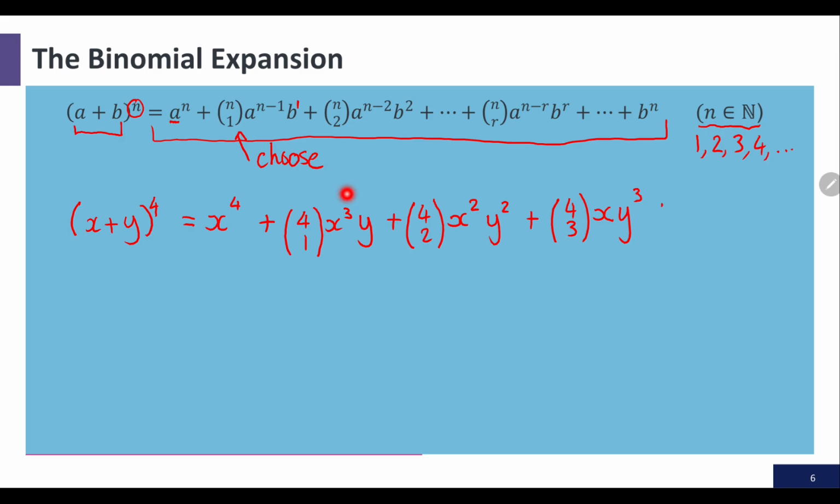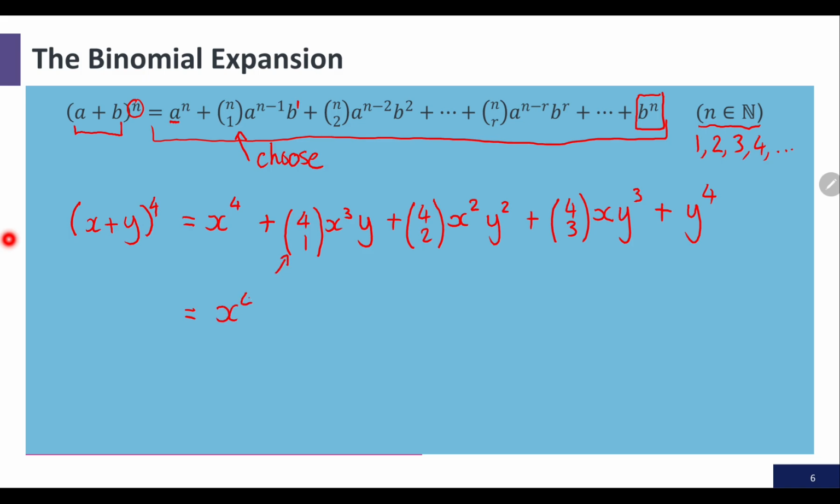And in the last term, you might be thinking, well, it's going to be 4 choose 4. 4 choose 4 is 1 anyway. And if we look at the end here, it says raise b to the power of n, which is going to be y to the power of 4. At this point here, I'm going to work out what all these coefficients are, the number in front of the terms.